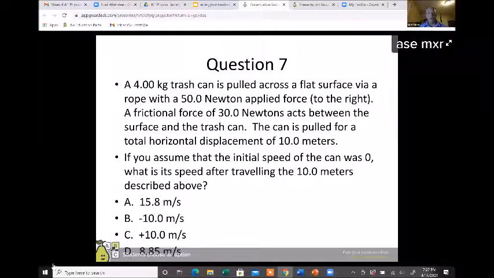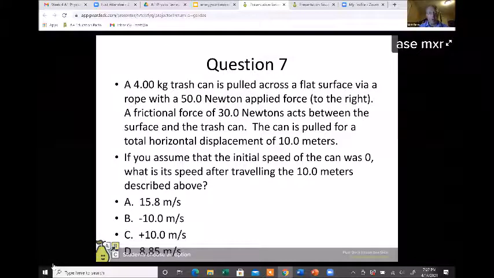And just to give you a hint here, you've got to use the idea that work equals the change in kinetic energy, the work energy theorem. Work equals change in kinetic energy. That's the idea on question 7.